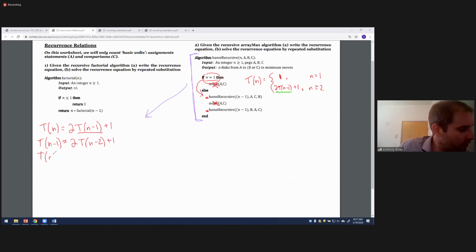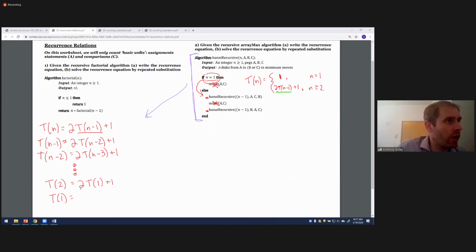And we know that T of n minus 2 is going to be 2 T of n minus 3 plus 1. Similar to how I did it in the first problem, eventually we go down and we know that T of 2 is going to be 2 times T of 1, plus 1. And we know that T of 1 is just 1.